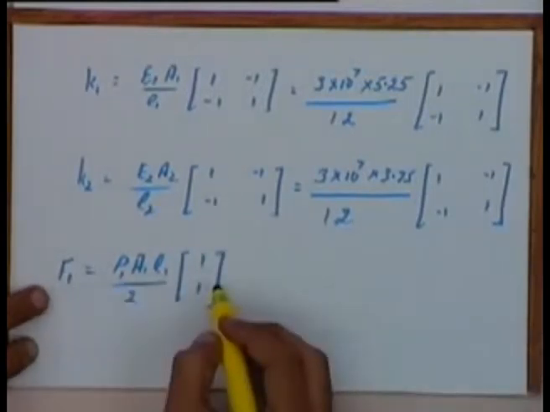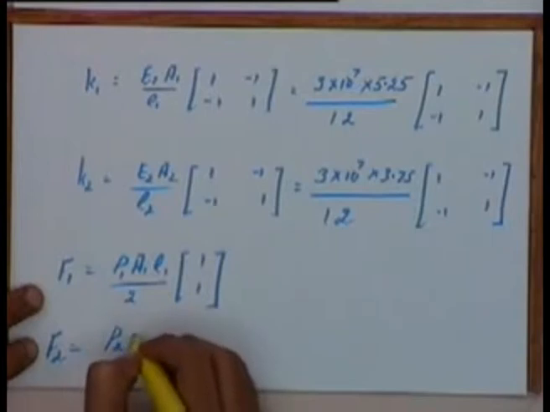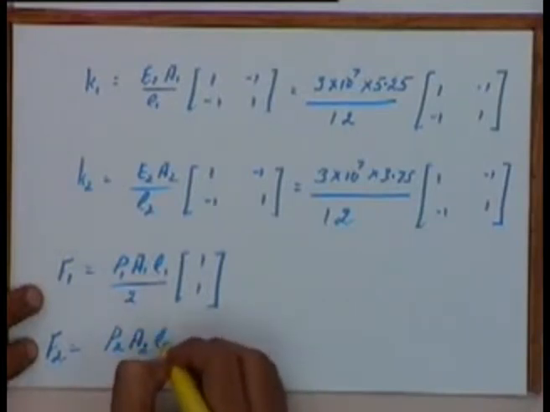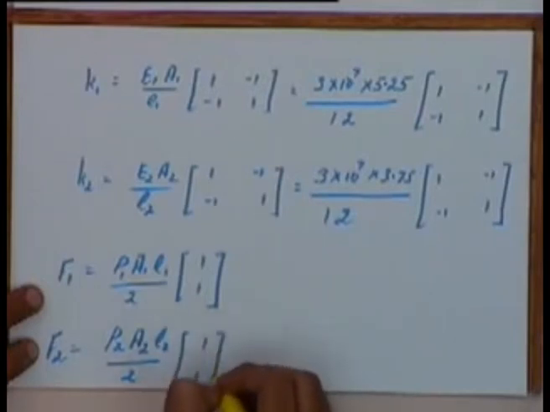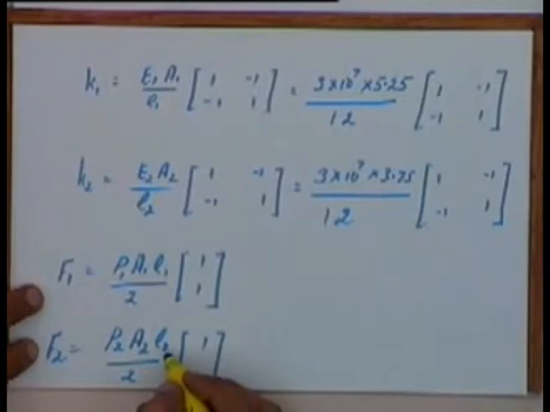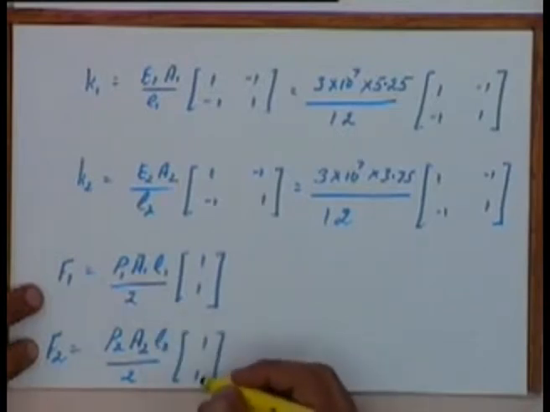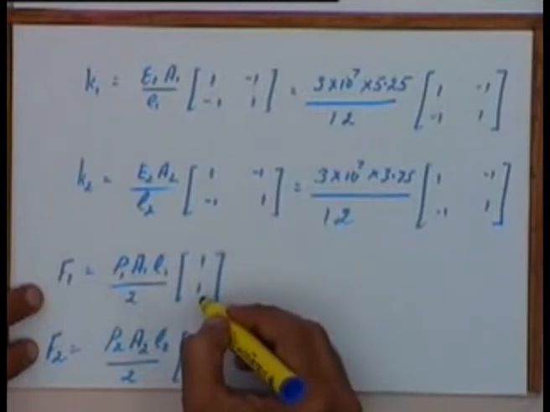This will be the force matrix on the first element, and the second element will give us rho 2 A2 L2 by 2 multiplied by [1 1]. Rho 2 A2 L2 is the total weight of the second element divided by 2, so we will have half the total weight acting at each of the two nodes. Here also we have half the total weight acting at each of the two nodes.